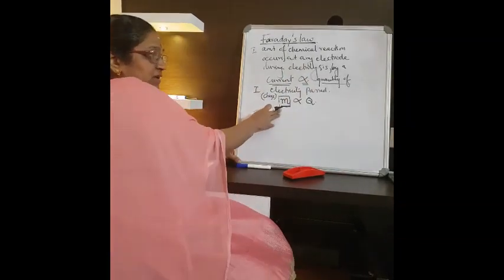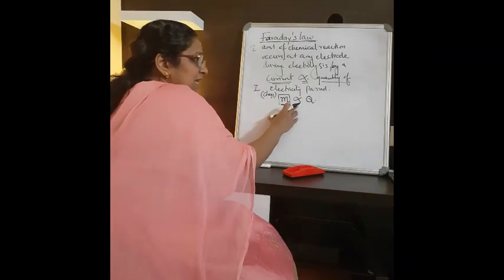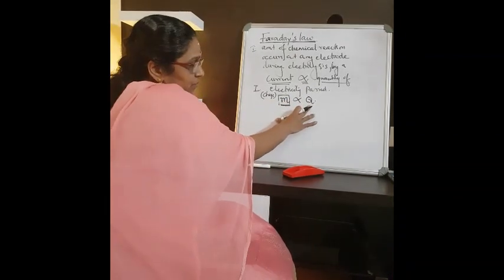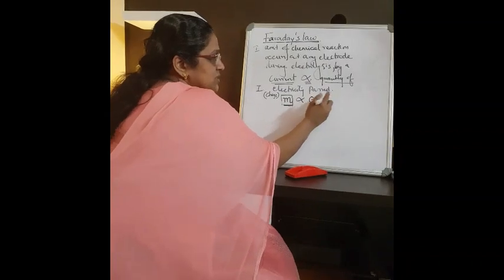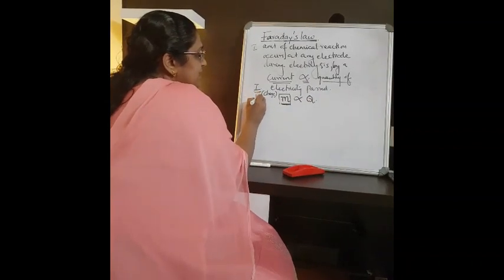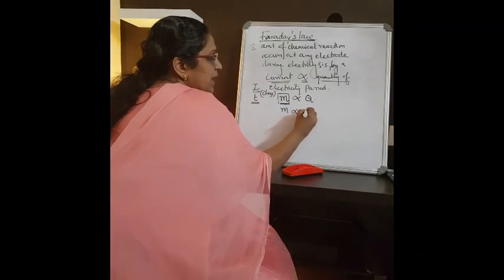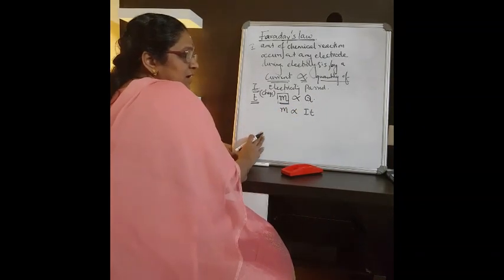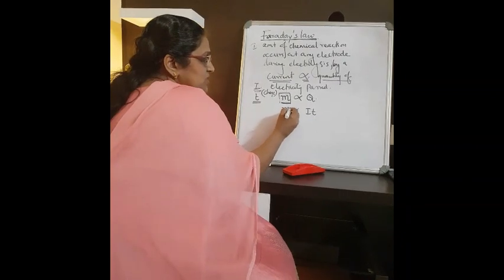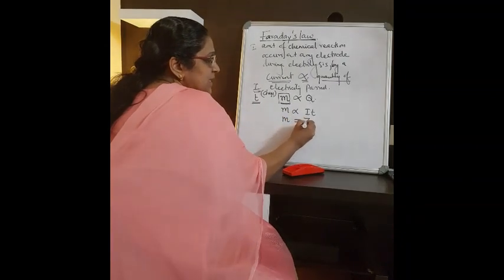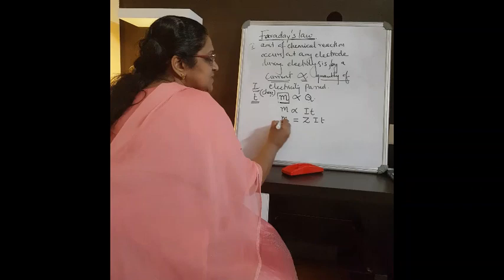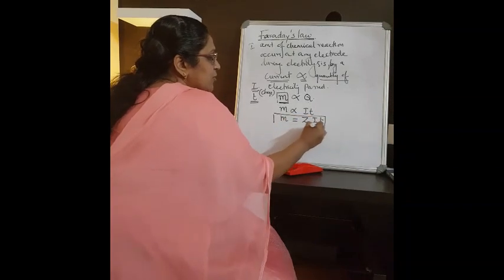So mathematically you can write mass M is directly proportional to Q. Now, what is Q? Q is the charge. Now, if I is the current in time t, how can we write it? M is directly proportional to It. Correct? Now, changing the proportionality constant, you can say M is equal to Z into It. See, it's very important for numericals.